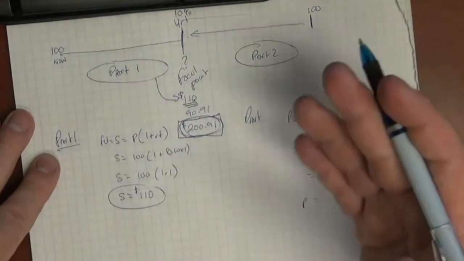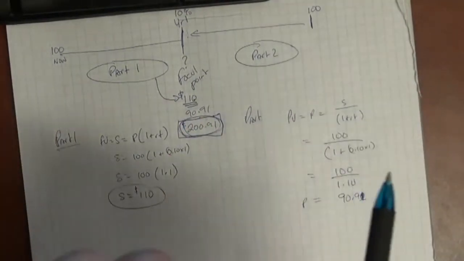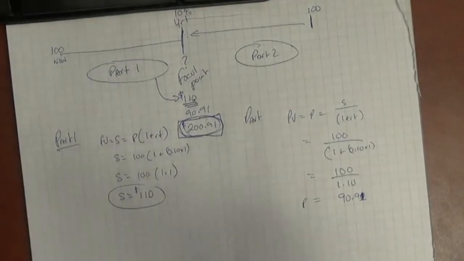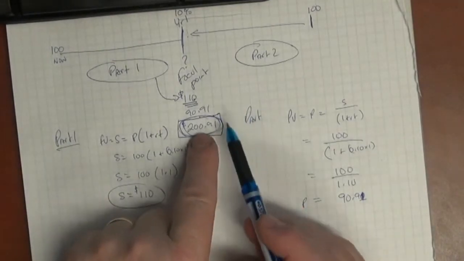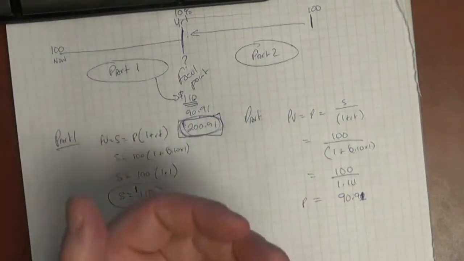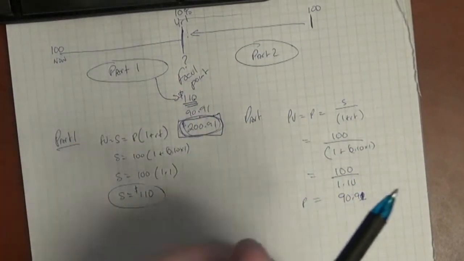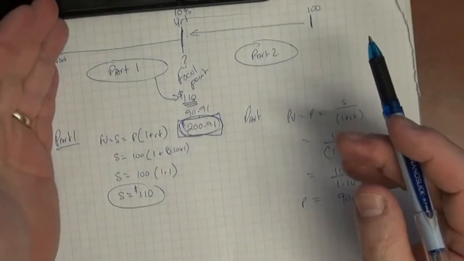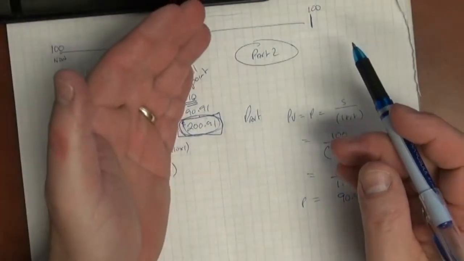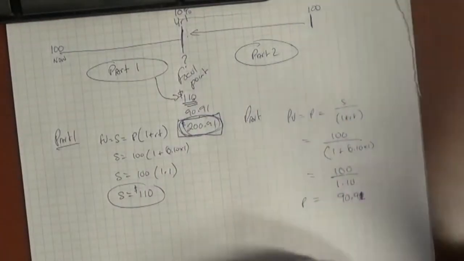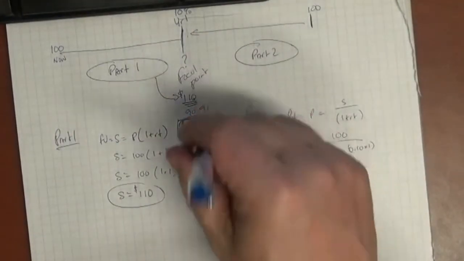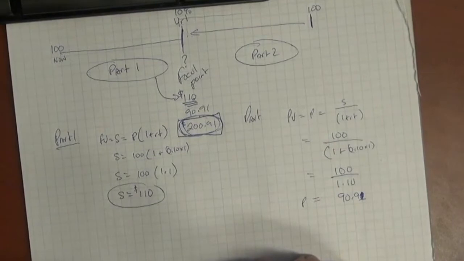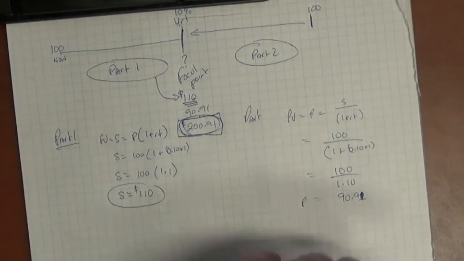That's an equivalent value. We'd be just as well off taking $200.91 at year 1 as putting $100 in the bank at the front end, waiting a year, and then waiting to get the $100 in 2 years. So that's generally how it works.